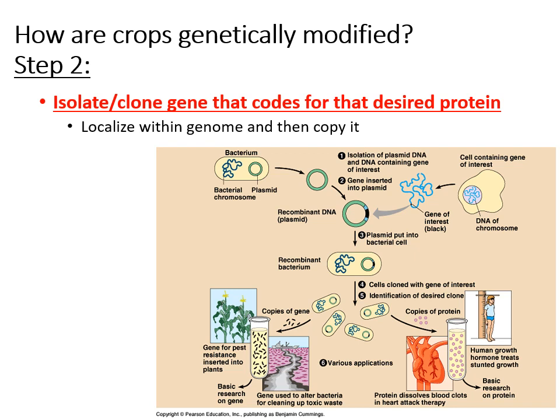So what they end up doing is they isolate or clone that gene from its original organism, and they localize it within the genome and copy it into a plasmid, right? We've seen this idea before. This slide is basically showing that step 2 of genetically modifying crops is the molecular cloning that we've talked about previously, where you take a gene of interest from whichever organism you know that it's found in their genome.